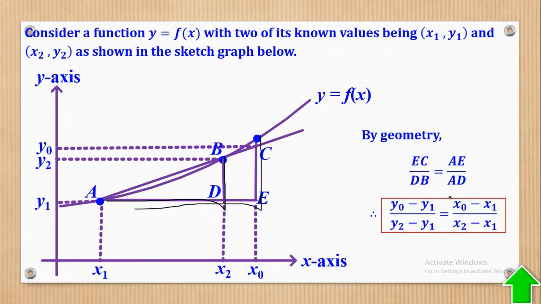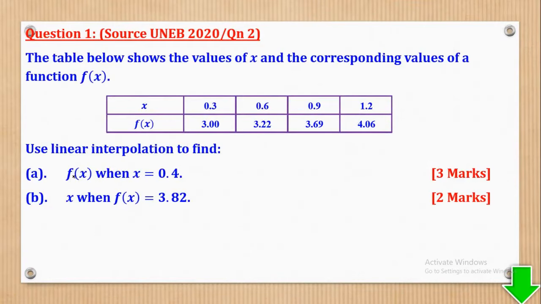Therefore, these values I can bring this side, and I also take this value this side. It is still okay. Though for me, I prefer that we put all the y values on one side and the x values on the other side, so that we can easily make one variable the subject, as we shall see in the examples. So that is all we need to know under linear interpolation and extrapolation.